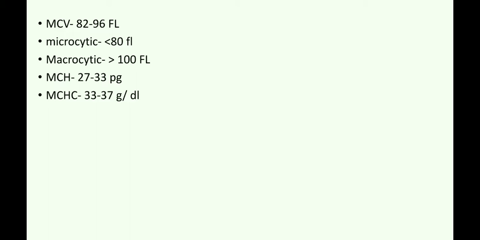And MCHC is the mean corpuscular hemoglobin concentration, and it is the ratio of mean corpuscular hemoglobin to mean corpuscular volume. So it is the average concentration of hemoglobin in a given volume of packed RBC, and the normal value is 33 to 37 gram per deciliter.